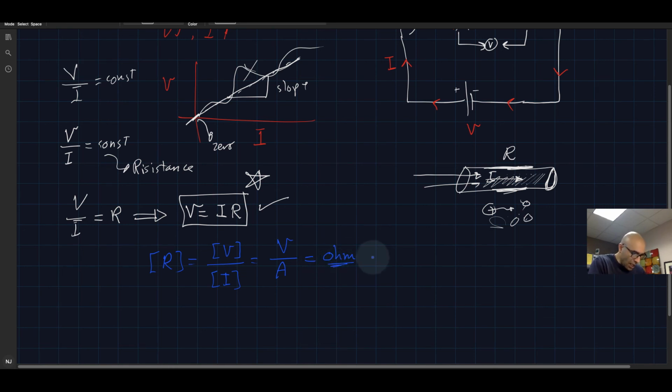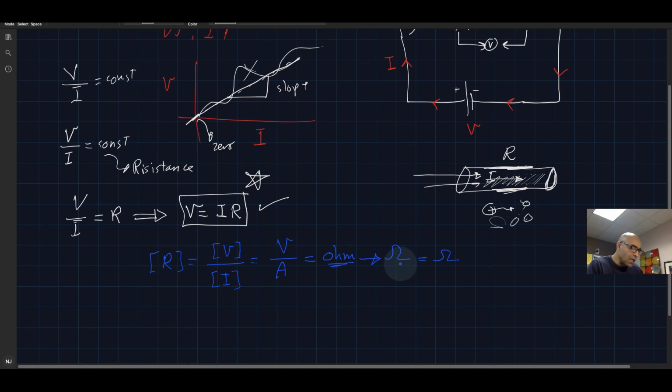And Ohm is kind of interesting to write, so we're just going to use this symbol, the Greek symbol Omega, for Ohm. Okay, so this is what it looks like, and if you want to see how it's written, you can write it again like that. Okay, that's Ohm. So the resistance value is measured in Ohm. So now the current is measured in amps, the voltage is measured in V, volts, and the resistance is measured in ohms.